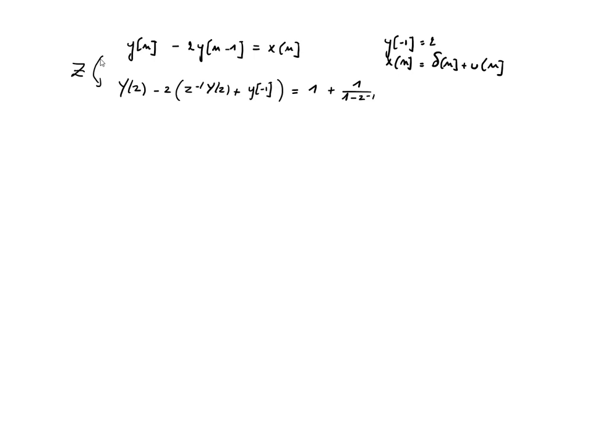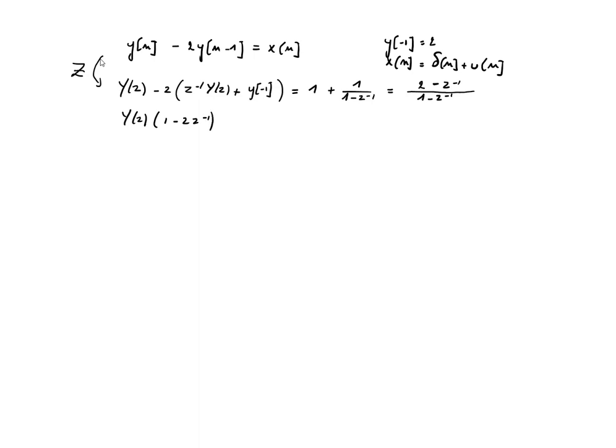And if we put this under the same denominator, we'll have 1 minus z^-1 at the denominator, and at the numerator we'll have 2 minus z^-1. Okay, let us collect all the terms in Y(z). So we have (1 minus 2z^-1) Y(z).